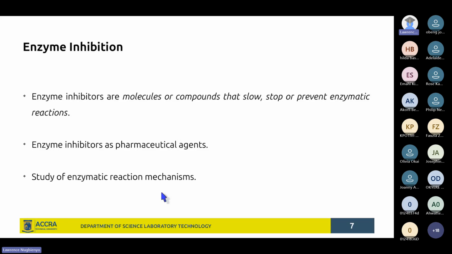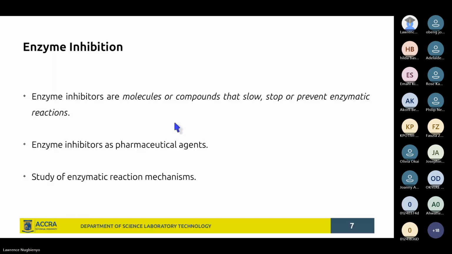And you do remember what enzyme inhibition was: the reduction or slowing down or prevention or stopping of an enzymatic reaction. Any compound, any substance that reduces the rate of reaction or stops the reaction or prevents a reaction from occurring, that substance is an inhibitor.